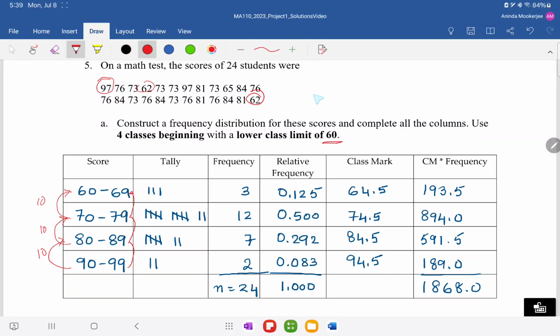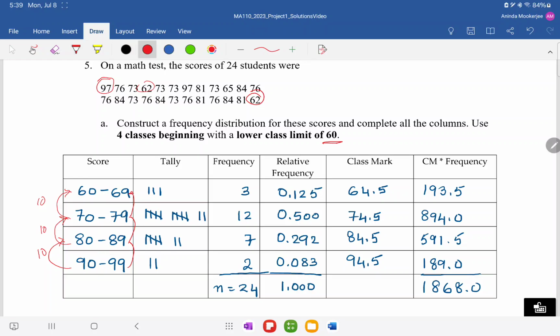Now, again, please do not just do 24 divided by 4 to come up with the class width, because otherwise, if we did that for this problem, then we would not be able to fit 97 in the data set and have the number of classes as 1, 2, 3, 4.